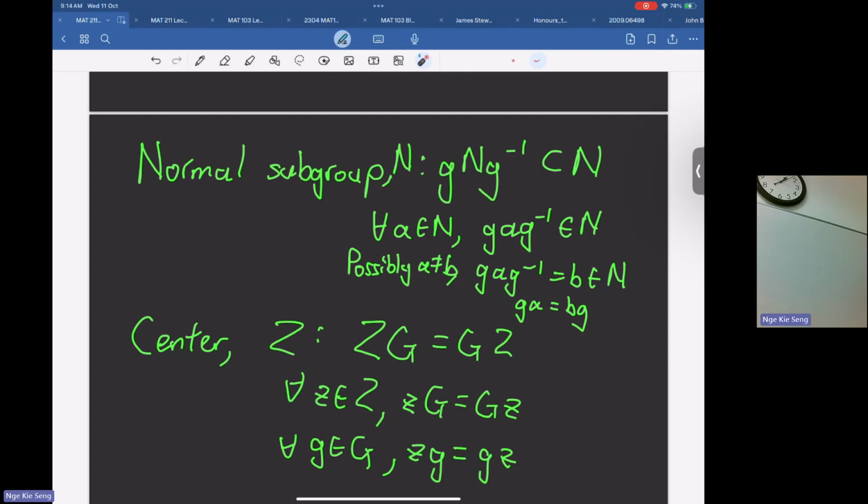This means the center is always a normal subgroup, but a normal subgroup might not be the center. You need to be aware of this: it may equal to something else inside the element, which is enough. No need to be the same as a.